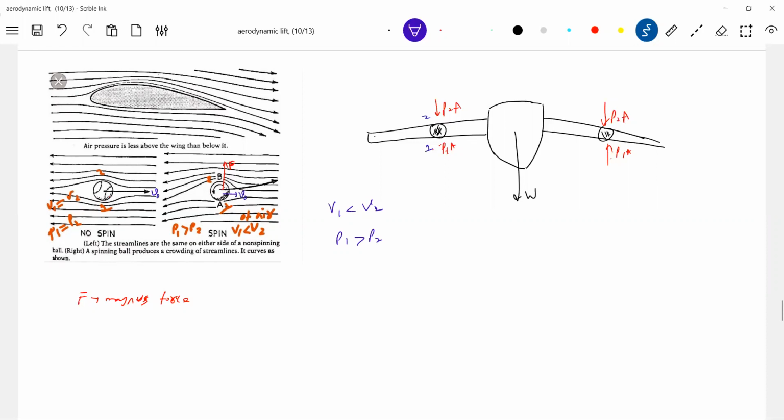A is the area of cross section of the wing, not just that of a sphere. So P1A minus P2A will become the aerodynamic lift.